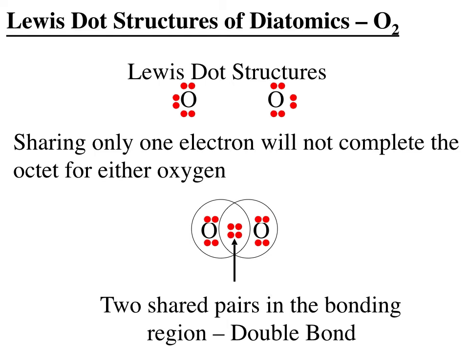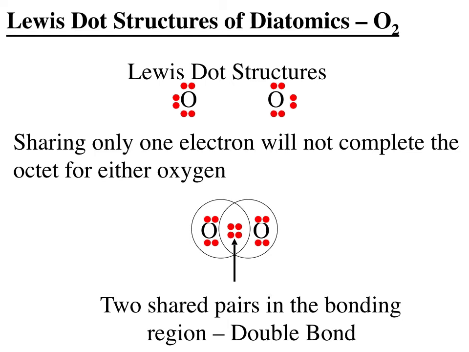Now remember, because their electronegativities are exactly the same, neither can pull these electrons loose from each other. And of course, sharing 1 electron between the oxygens will not satisfy the needs of the other.